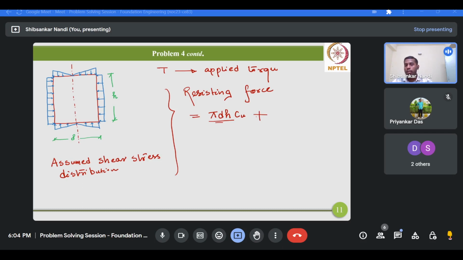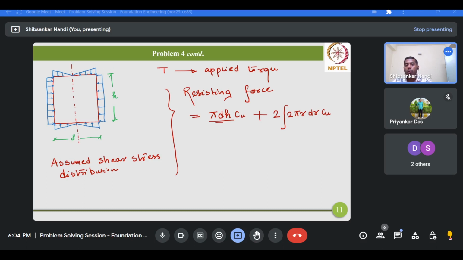In addition to that, you will have another component, and this is nothing but from the bottom and top ends. Okay, so for that you have to go for some integration. How? 2 pi r dr c. So this will be the resistance offered from the top end and the bottom end.